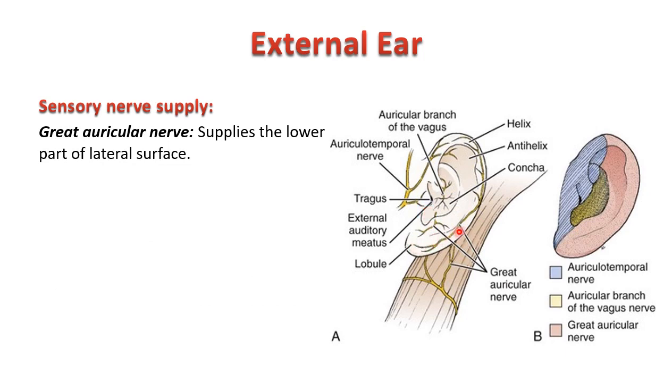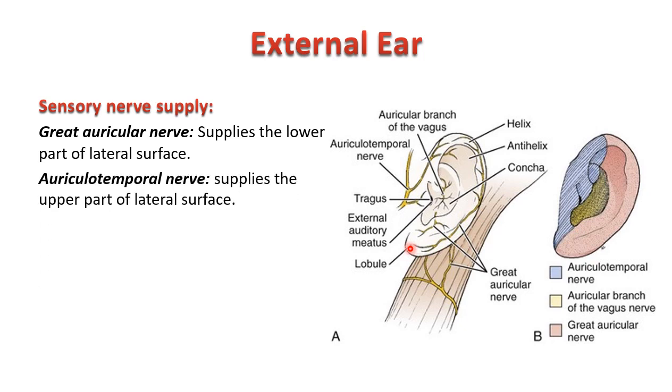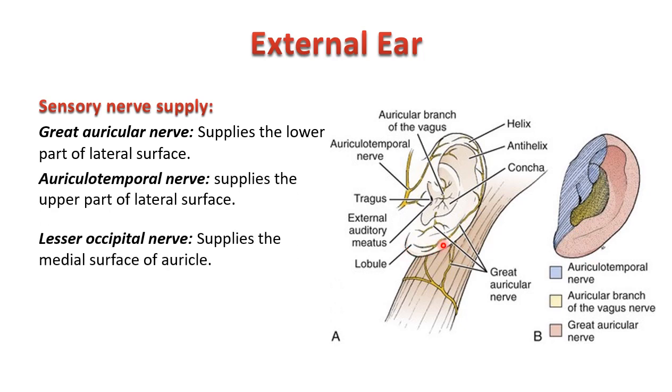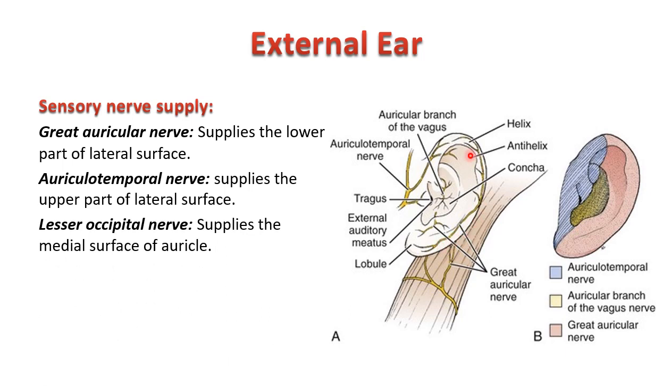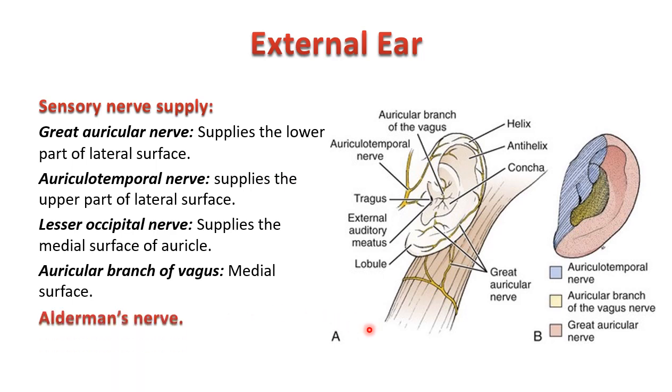The lower lateral part is supplied by the great auricular nerve. One more nerve which supplies is the lesser occipital nerve, which supplies the medial or cranial surface. So the nerves mainly supplying are the great auricular nerve, auriculotemporal nerve, lesser occipital nerve, and the auricular branch of the vagus nerve. The auricular branch of the vagus nerve is also called Alderman's nerve.